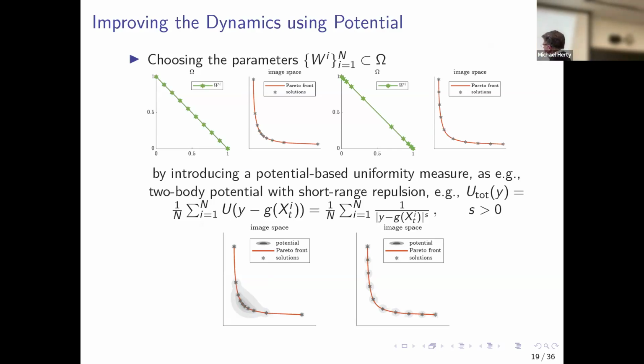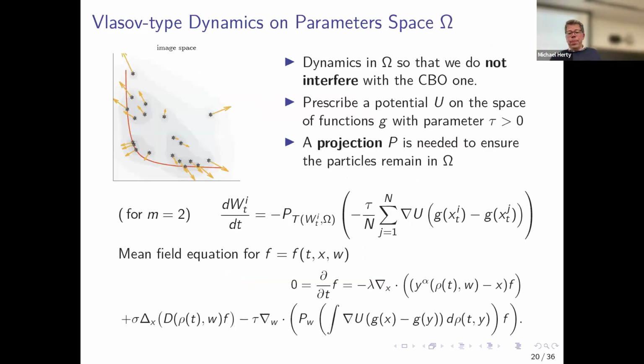Here the potential is smaller because these points are more apart. So the dynamics would look like this. Instead of fixing initially just these weights and waiting until this converges, you dynamically change it. You push it according to the difference in the image space with some potential, and I have different examples later. And then, of course, the weights need to be a convex combination, so you need to project.